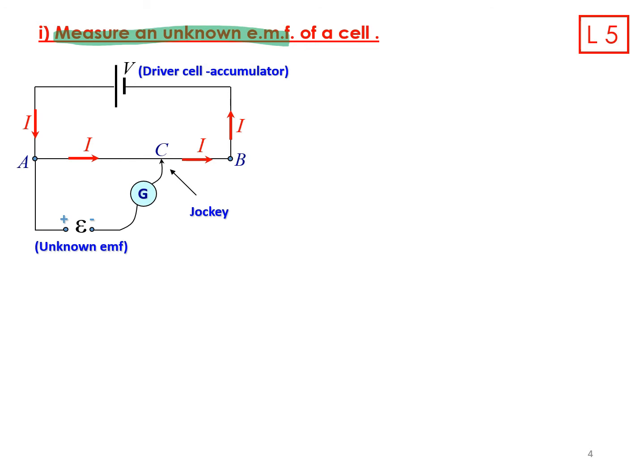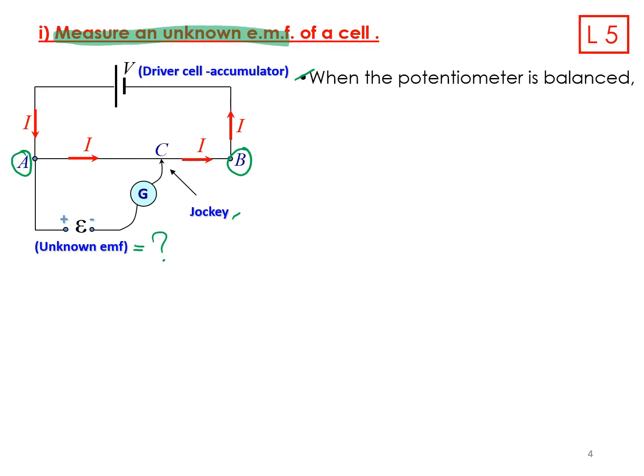We have a dry cell as our accumulator. You have the unknown EMF, so this is the unknown value because we want to find that EMF. And you have the jockey right here and also wire AB with 100 centimeter.